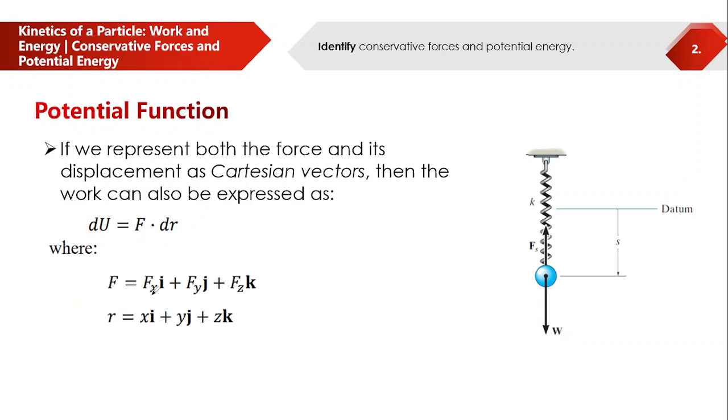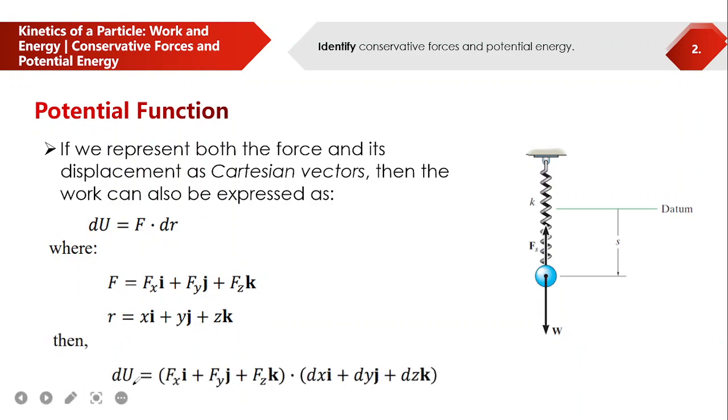Where F is equals to Fx i plus Fy j plus Fz k, and therefore dr is dx i plus dy j plus dz k. Okay, dU is equals to, ayun na, in terms of its Cartesian vectors, Fx i plus Fy j plus Fz k dot dx i plus dy j plus dz k.